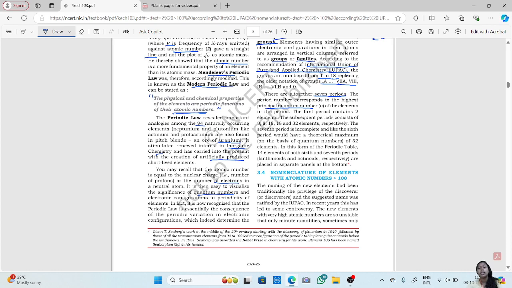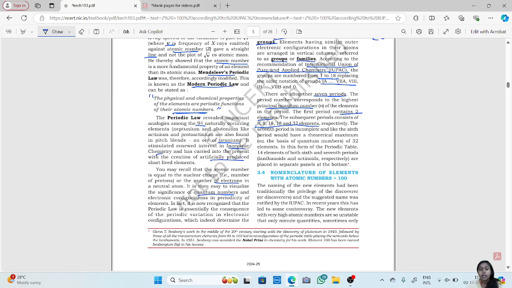The first period contains 2 elements. The subsequent periods consist of 8, 8, 18, 18 and 32 elements respectively. The 7th period is incomplete, and like the 6th period would have a theoretical maximum of 32 elements on the basis of the quantum numbers.